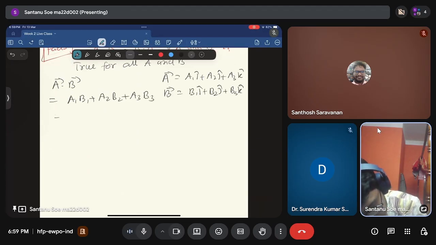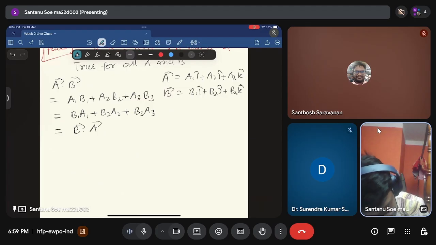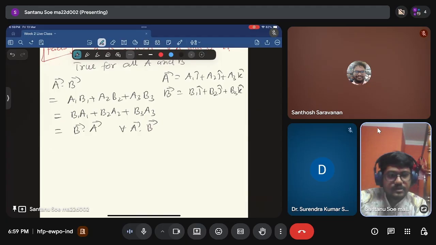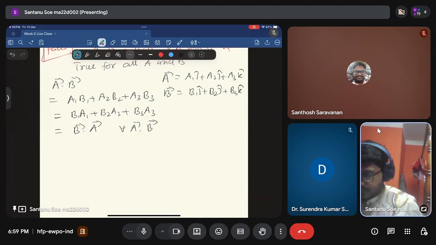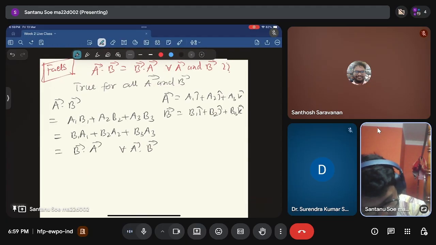And this is same as B1 A1 plus B2 A2 plus B3 A3, right? And this is same as B dot A. And this is true for all A and B because our A and B were arbitrary, correct? So this result is true.